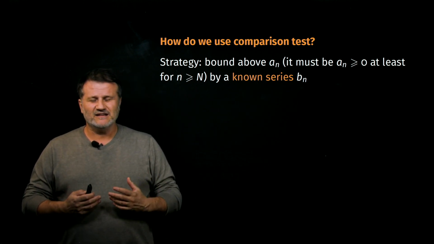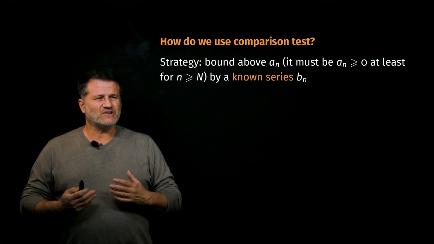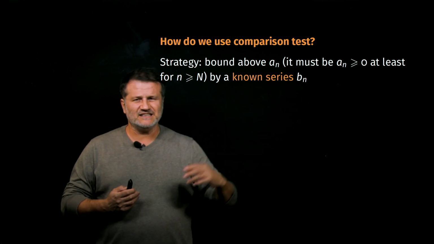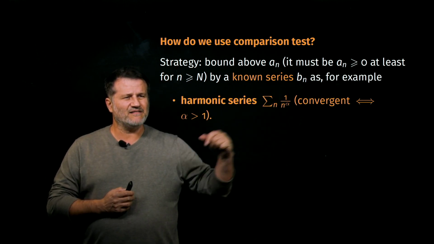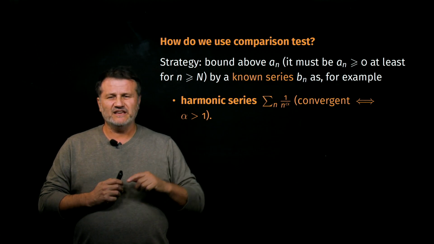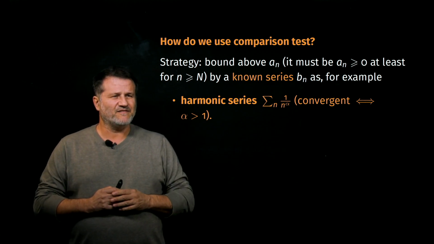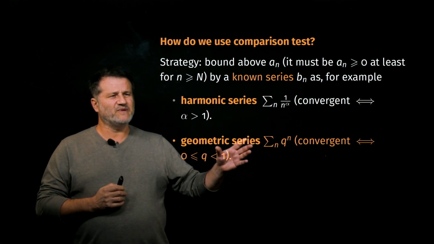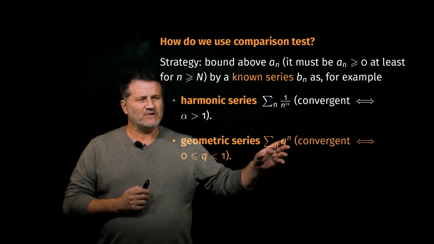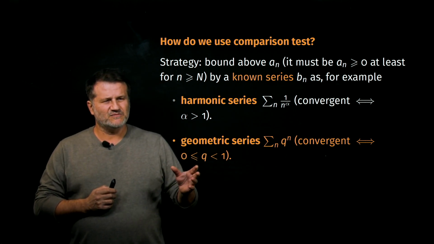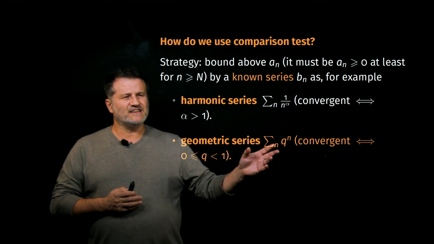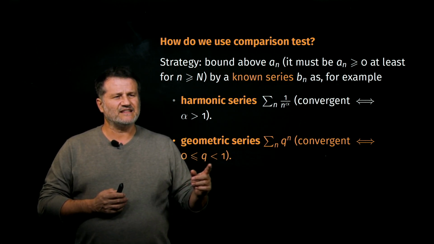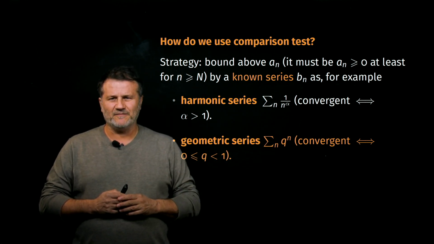Known means that we know that the series is convergent, that dominates the series a_n. In particular, important examples of comparing series are the harmonic series, sum of 1 over n^alpha, that converges if and only if this parameter alpha is greater than 1, and the geometric series, sum of powers of a number q, here assumed to be positive because we want a constant sign term series, and in this case this is convergent if and only if q is strictly less than 1.